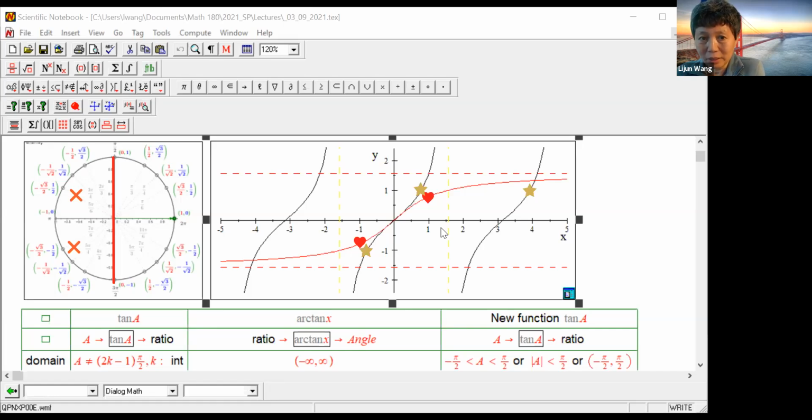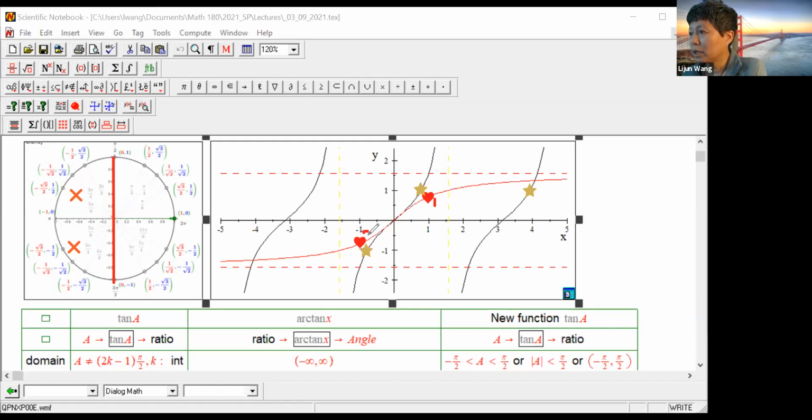That's the key. I apologize because I'm not clear enough, so I need to make some numbers. I'm going to call this heart number 1, and this is heart number 2.